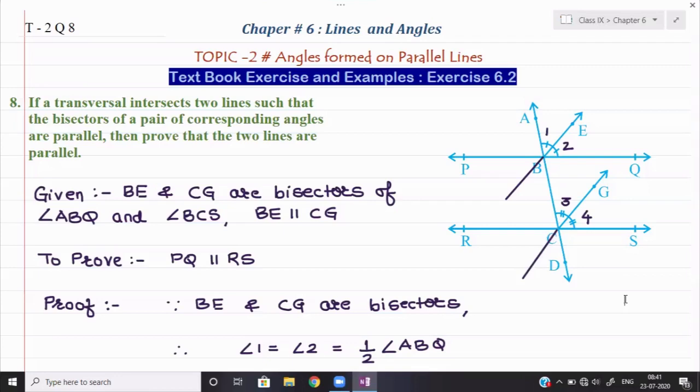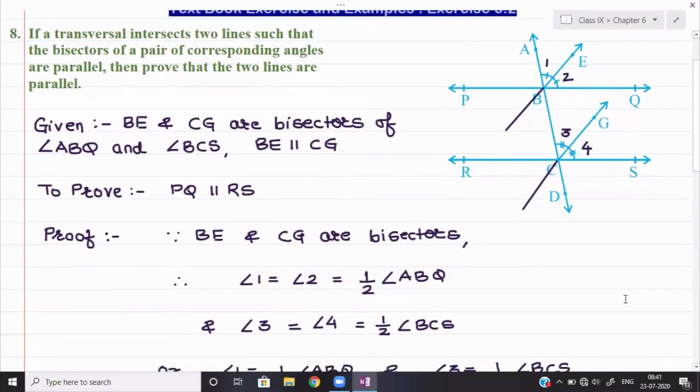I will show you separately also. One line is like this and the second line is in this manner, and a transversal is intersecting in this form.